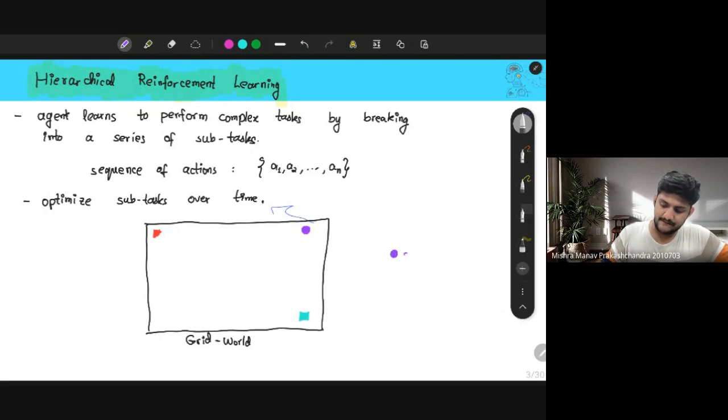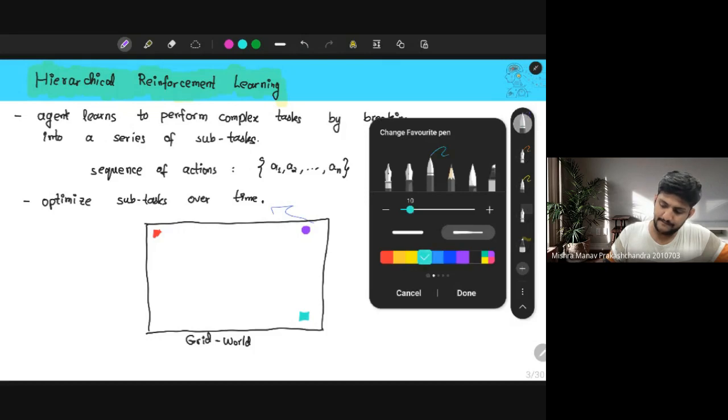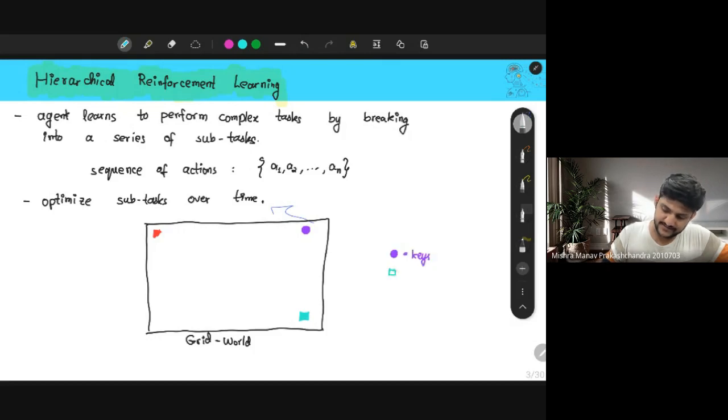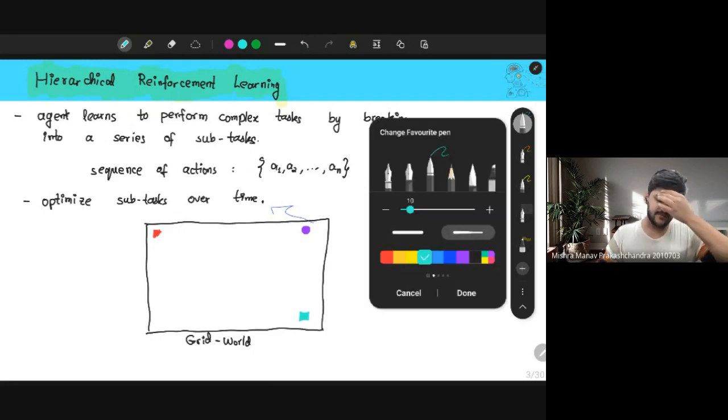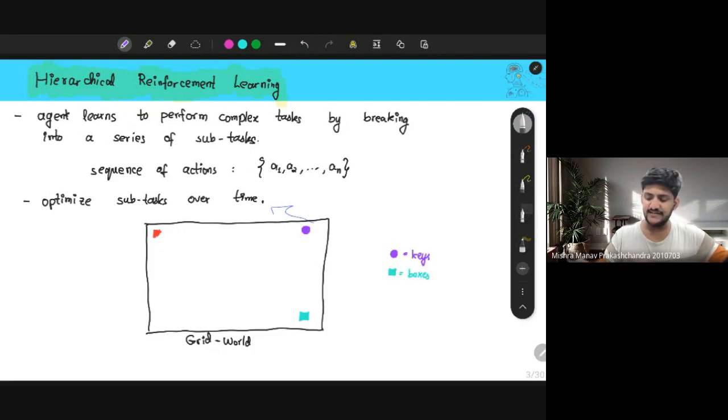This circle denotes keys and these squares denote boxes, right? Now the catch is that a same colored key can only open same colored boxes.